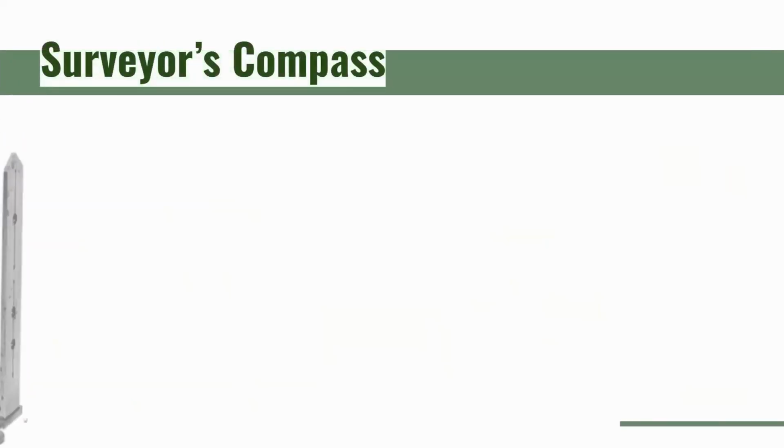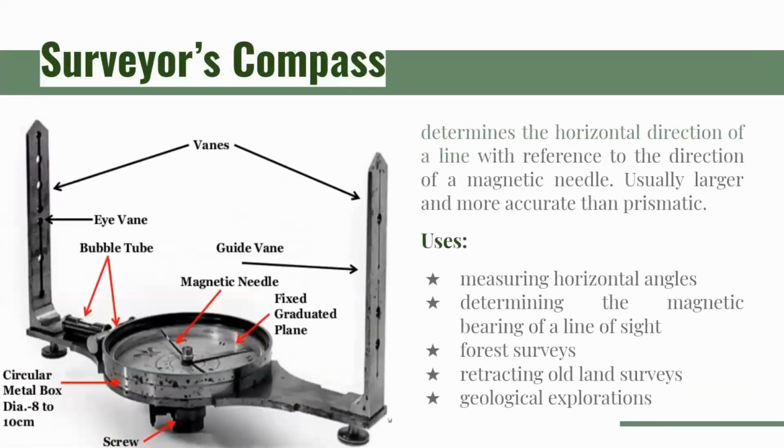The surveyor's compass is one of the two main kinds of magnetic compass, the other being the prismatic compass. It is usually the larger and more accurate instrument, and is generally used on a stand or tripod. This is a surveying instrument that determines the horizontal direction of a line with reference to the direction of a magnetic needle. It has a compass box containing a graduated circle, two sight vanes, magnetic needle, and two clamping screws.